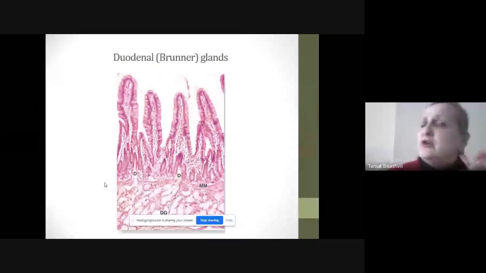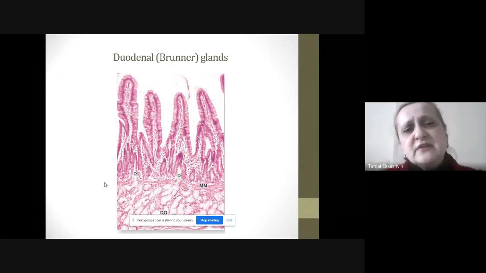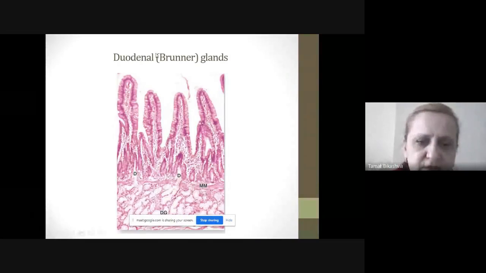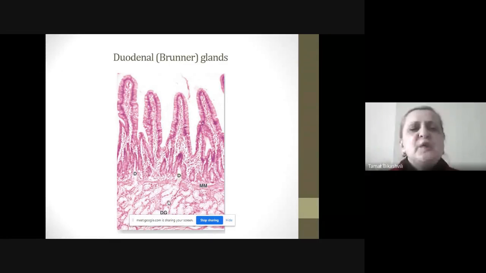Yes, not in stomach. In small intestine, there are also glands in submucosa, but only in duodenum. This is duodenum, the submucosal glands, which are specific for this part of the small intestine. Yes, in duodenum are the Brunner glands.